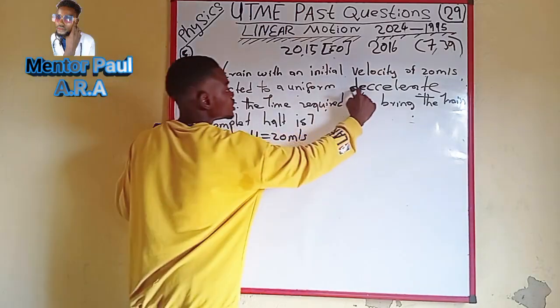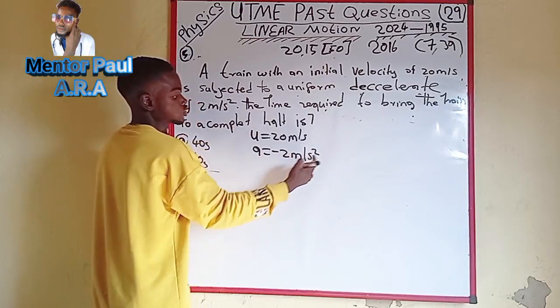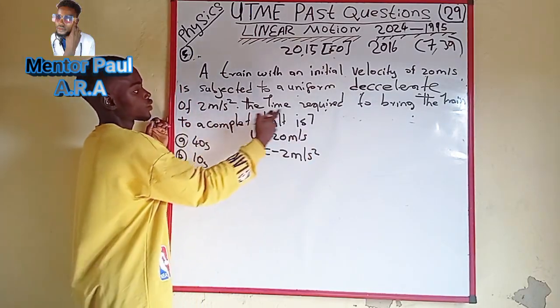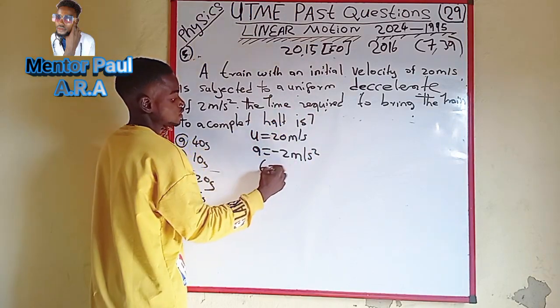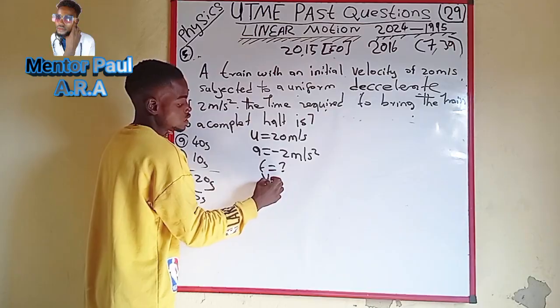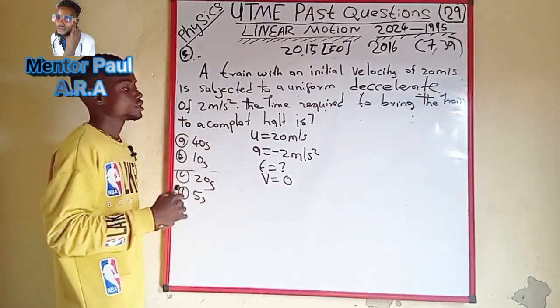Acceleration is going to be negative because it is decelerating, it is reducing, negative 2 meters per second square. We should calculate the time required, t, which is unknown, and here it comes to rest, which is a complete halt, so the final velocity is 0 at its resting point.